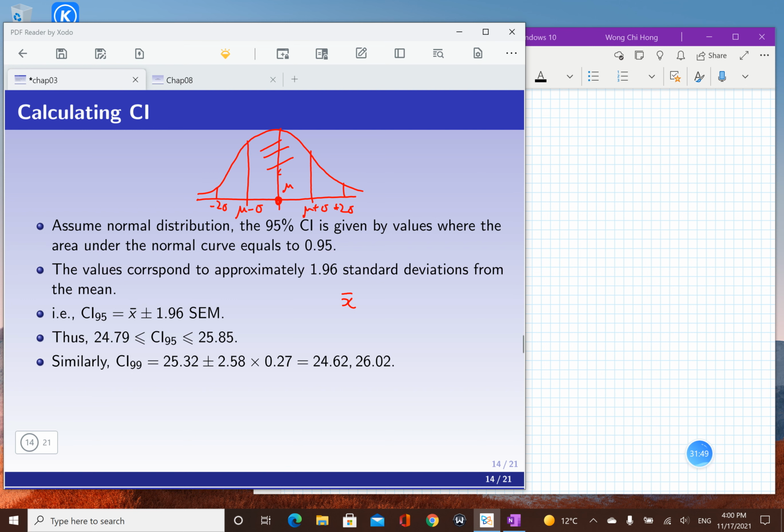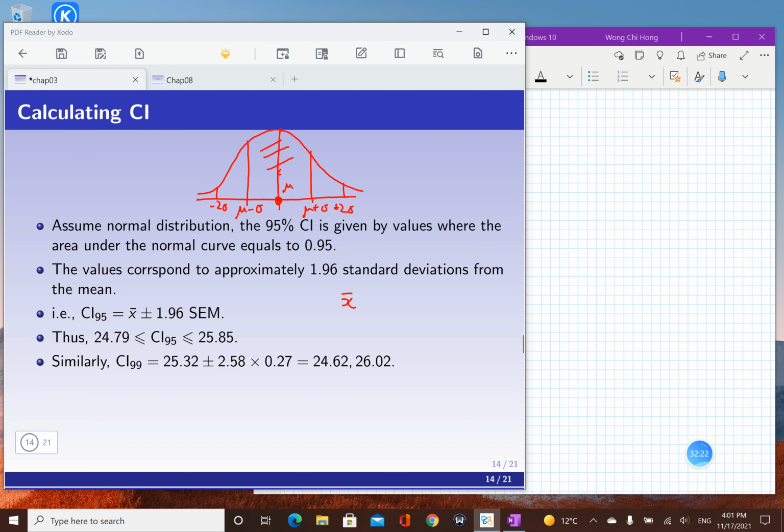So when we have an x bar value, we can say that this confidence interval is given by x bar plus or minus almost two of those SEM, this standard deviation s over square root of n. S over square root of n is the standard deviation for the distribution of x bar, the standard deviation for the distribution of your sample mean.